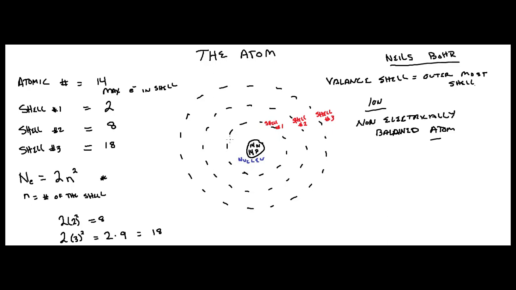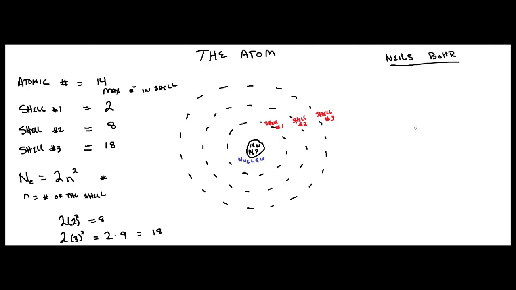So let's go back and talk further about the shells, shall we? I'm going to remove this right here to get some space. Now, shells consist of something called orbitals.